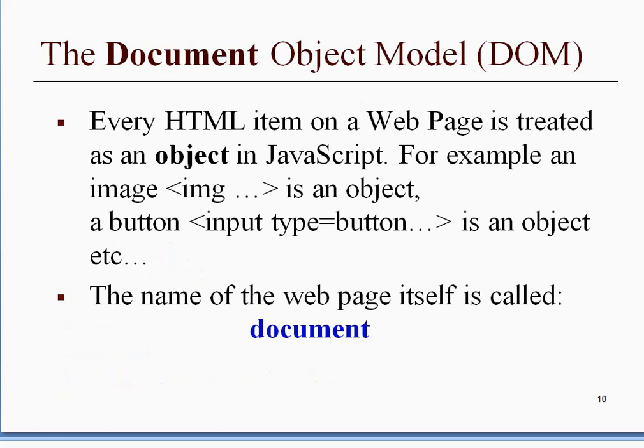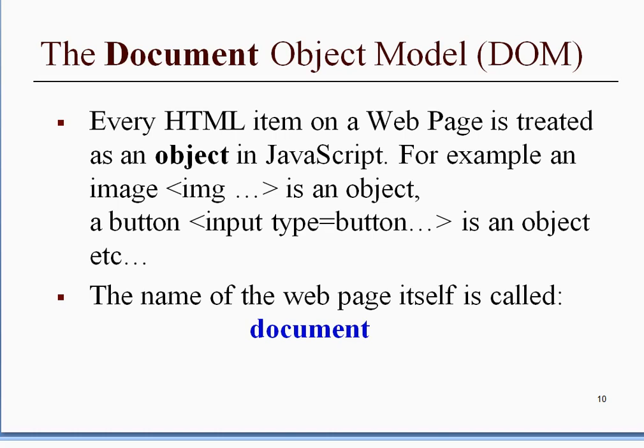The document object model. Since we already mentioned that JavaScript is an object-oriented language, it follows that it treats everything as objects. The whole document is an object.